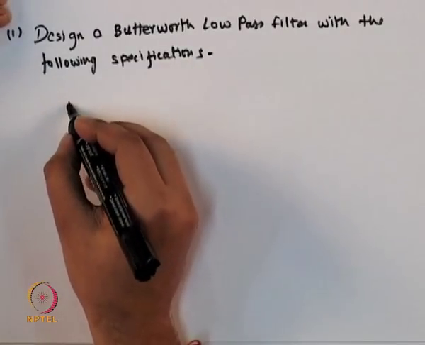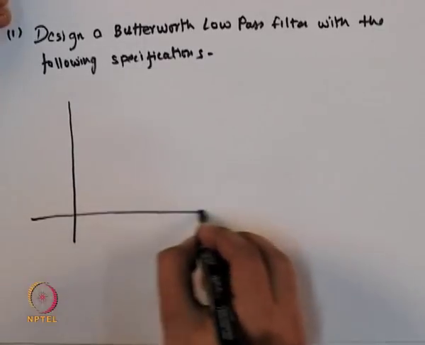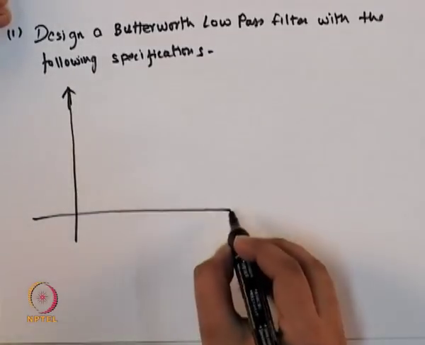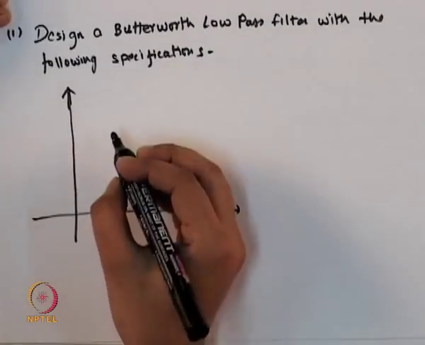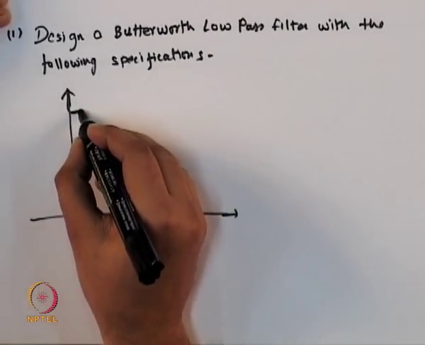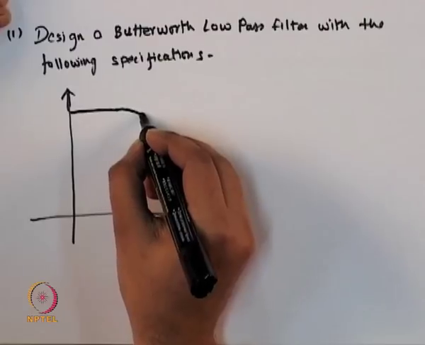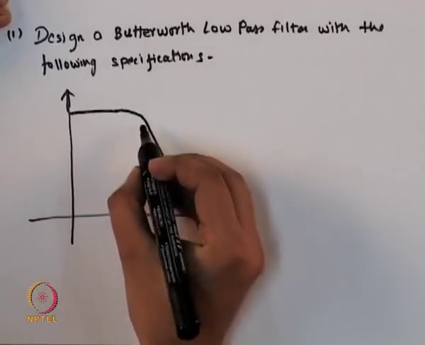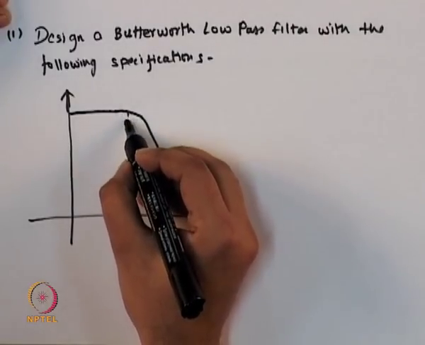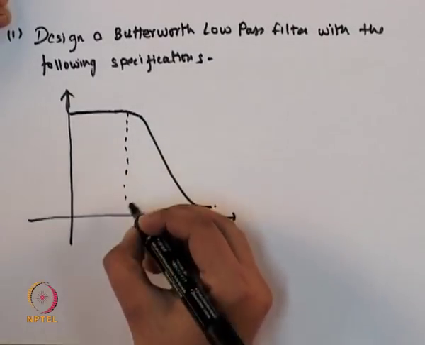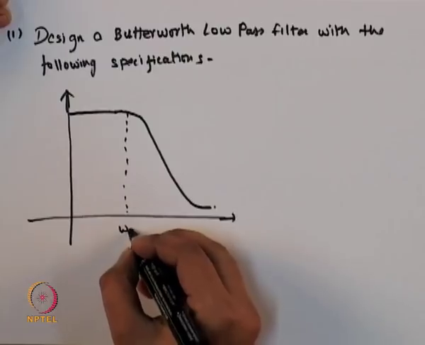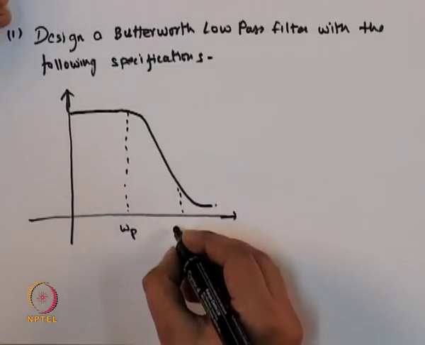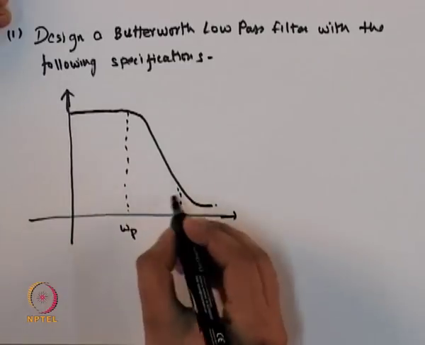Just to remind you, I will draw the magnitude plot of the filter. As discussed in the class, there is a pass band edge omega p, there is a stop band edge omega s.